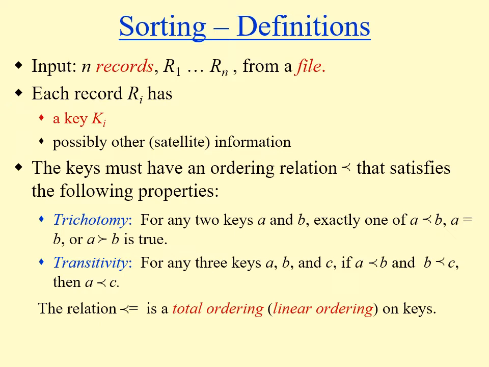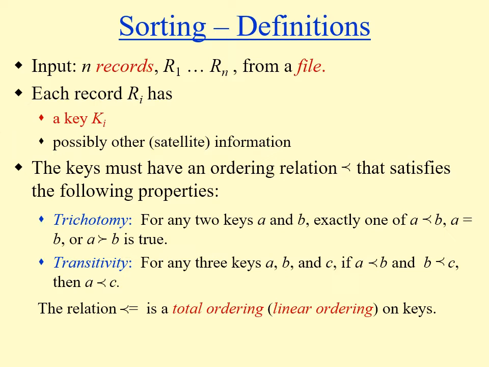The first one is about trichotomy. Tri means three. So for any two keys A and B, exactly one of A less than B, A equal to B, or A larger than B is true. That means you must be one of the three relationships, and cannot be any other.